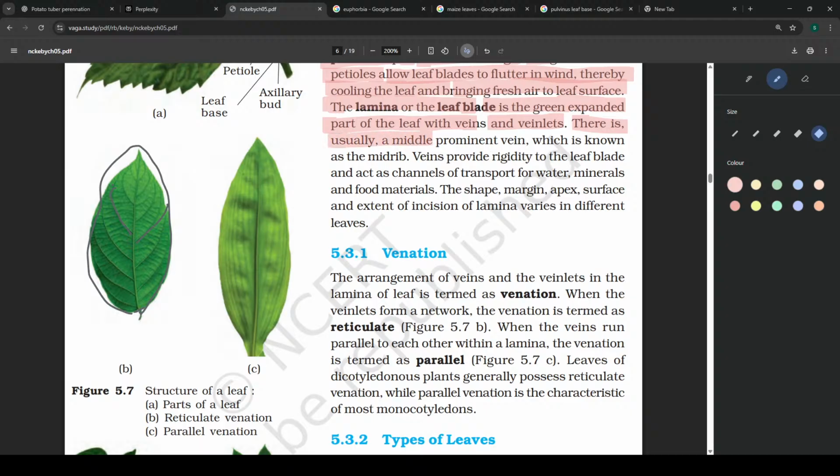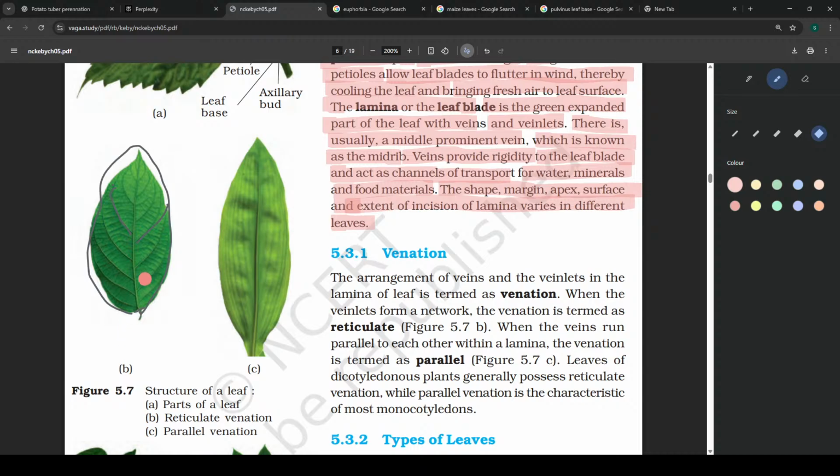There is usually a middle prominent vein which is known as the midrib. Veins provide rigidity to the leaf blade and act as channels of transport for water, minerals, and food materials. The shape, margin, apex, surface, and extent of incision of the lamina vary in different leaves.